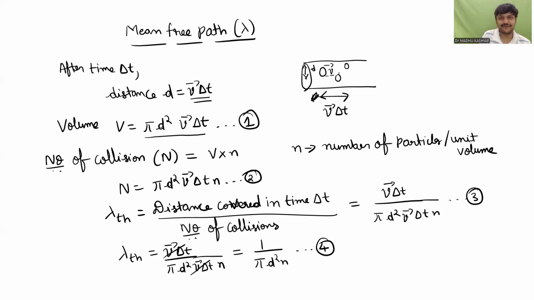Now this molecule will have a certain velocity v1, and this another velocity, say v2. If both of them have different velocities, what will be the real way of calculation? You can do a very simple relative velocity technique.